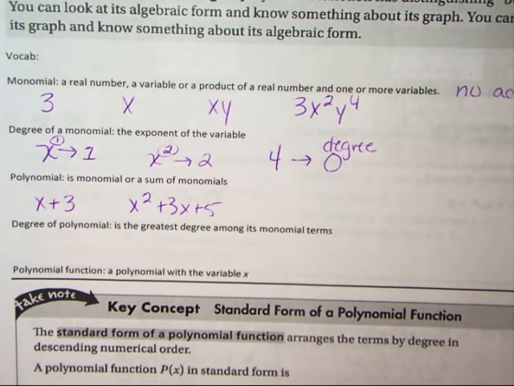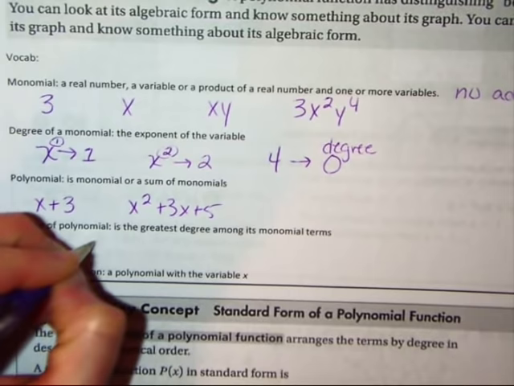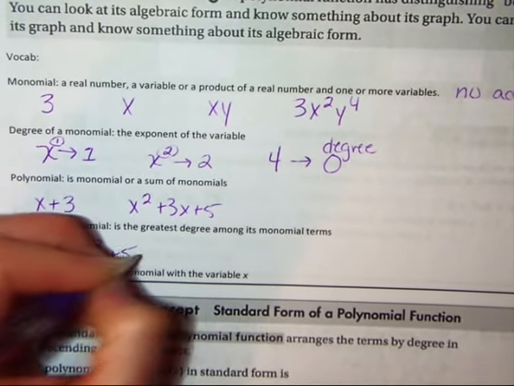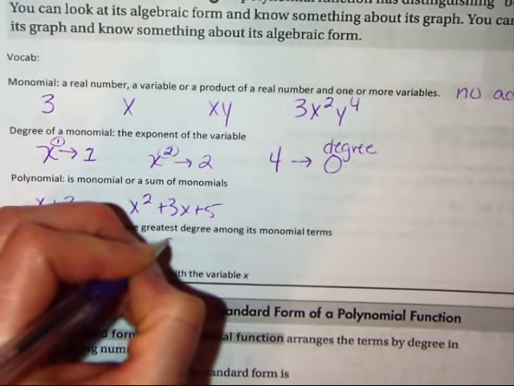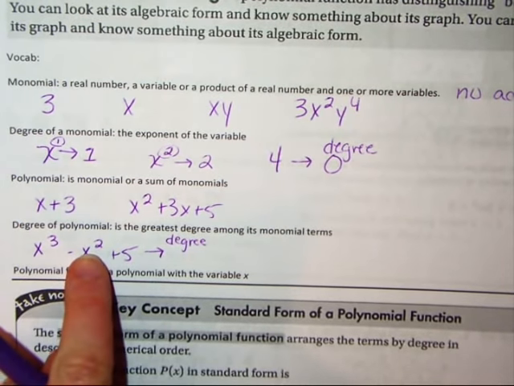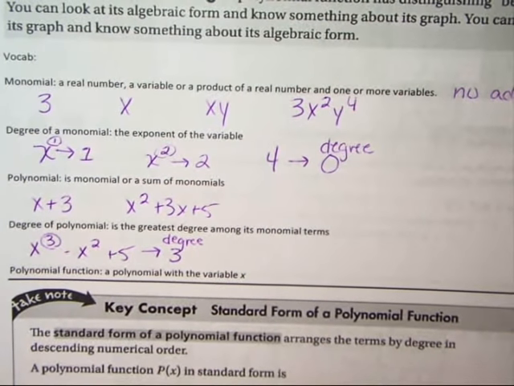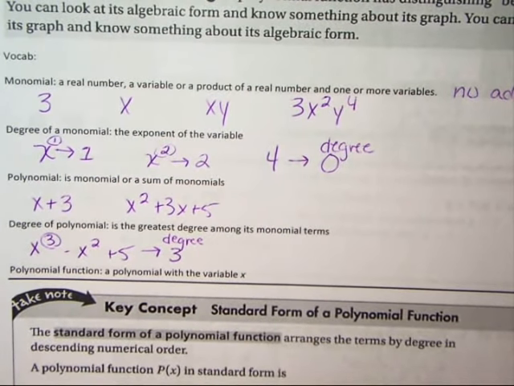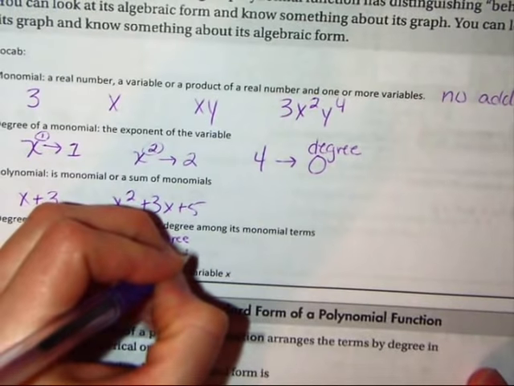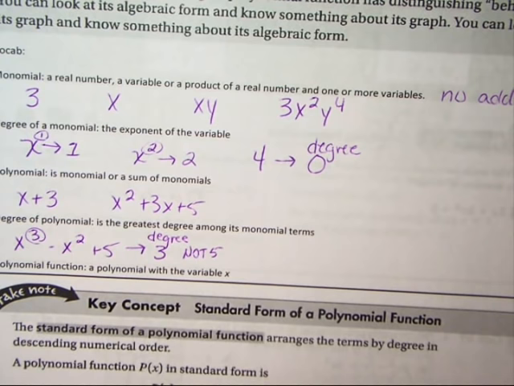Now you need to understand what the degree of a polynomial is. Let's say that we have x cubed minus x squared plus 5. It is the highest degree, okay? So you look on here and you look for the highest degree. So this one is a degree of 3. A lot of people try to add them and say that it's 5. It's not 5. It's 3. It's the highest.